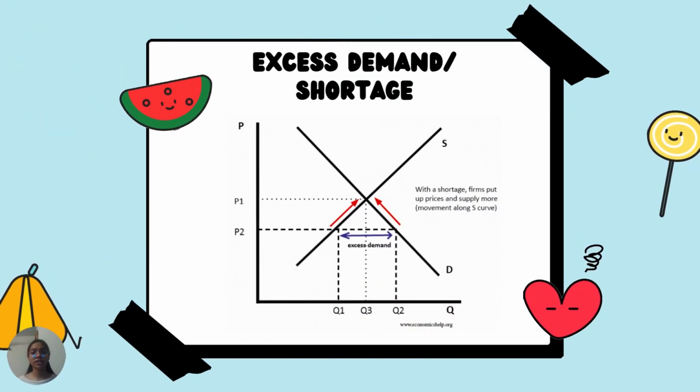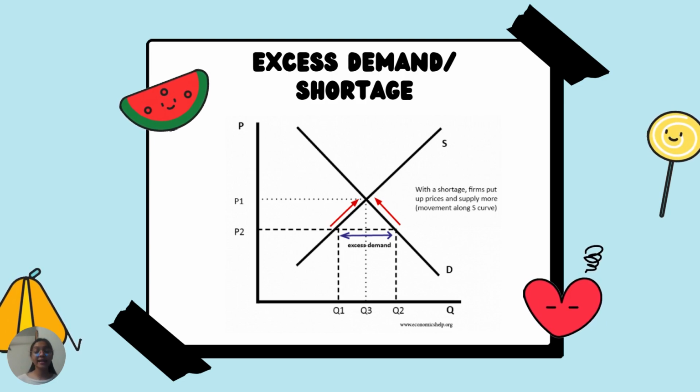In the case of a shortage, demand is greater than supply, so everyone cannot buy the product or the service due to the resources not being available for everyone. Any price that is below the equilibrium price will result in excess demand in the market, because we know, as we have learned in the previous videos, that when price decreases, demand increases, as demand is inversely proportional to price.